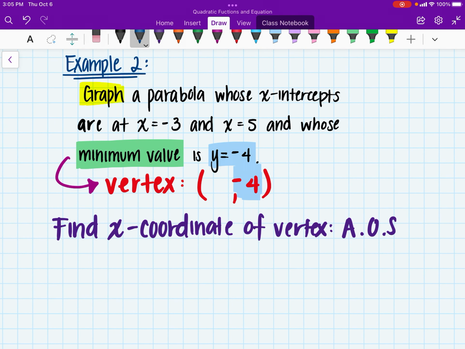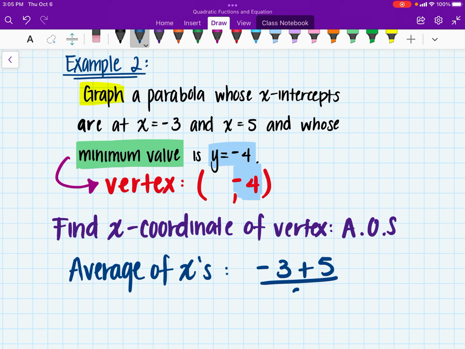So I'll find the average of the x's. That means I'm going to be adding both of the x's that were given. And since I'm given 2 x's, I will be dividing by 2. -3 plus 5 is 2. 2 over 2 is a 1.